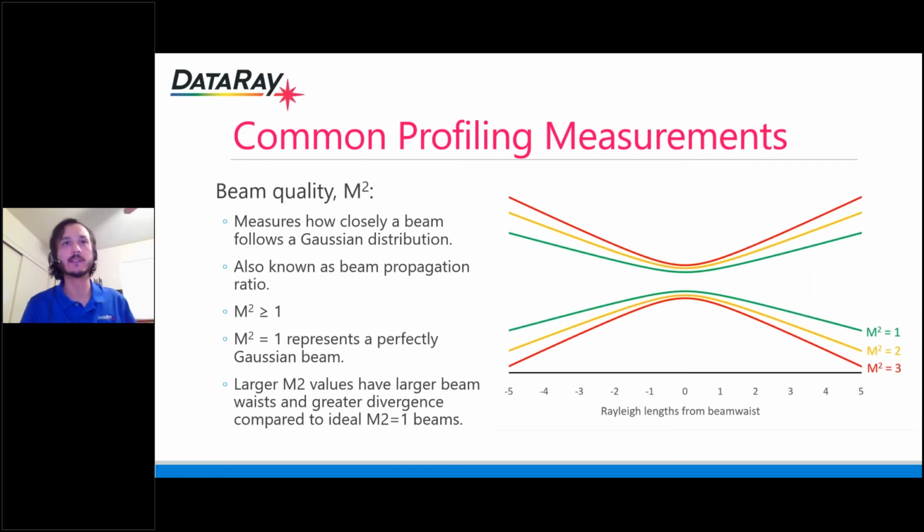As you increase m-squared from there, the beam waist and the divergence of the beam will increase. So for a given ideal beam waist, as m-squared increases, you get higher divergence and larger beam waists. You can see that on this graphic we've included to the right, showing the behavior of the beam as the quality goes down.